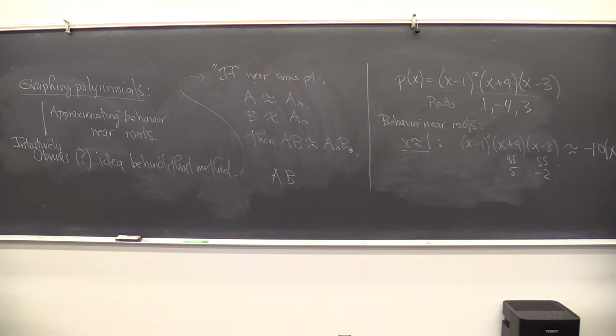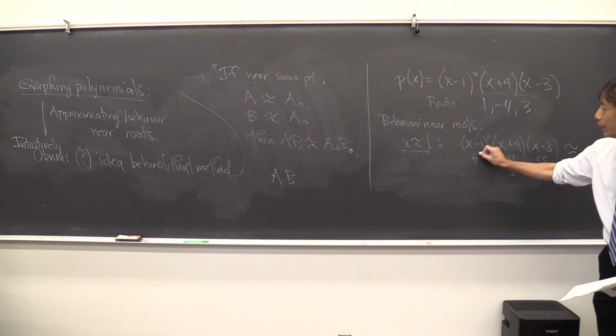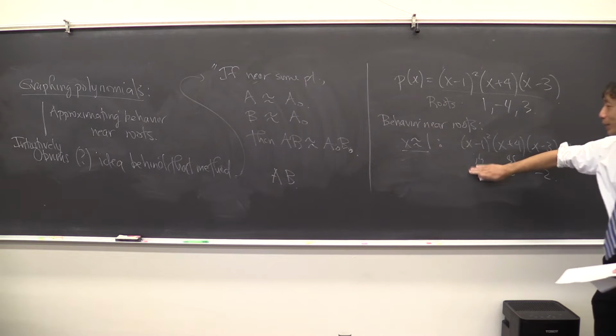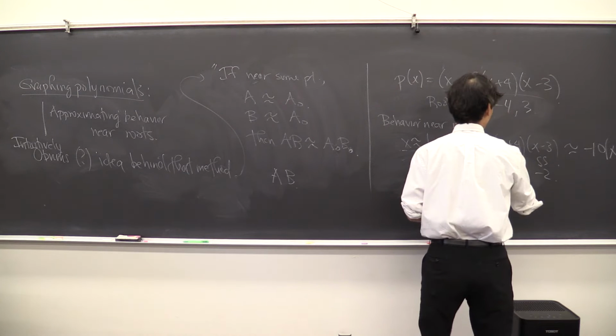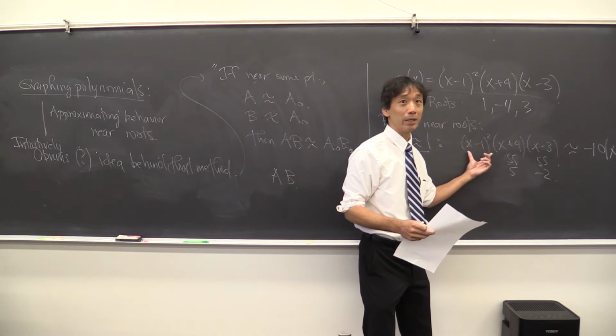Now, people always ask, shouldn't you plug the 1 into this one too? If we did, this would be basically 0, and the product would be 0. We knew that already, and it doesn't give us any new information. What we're trying to see is what the polynomial behaves like nearby.